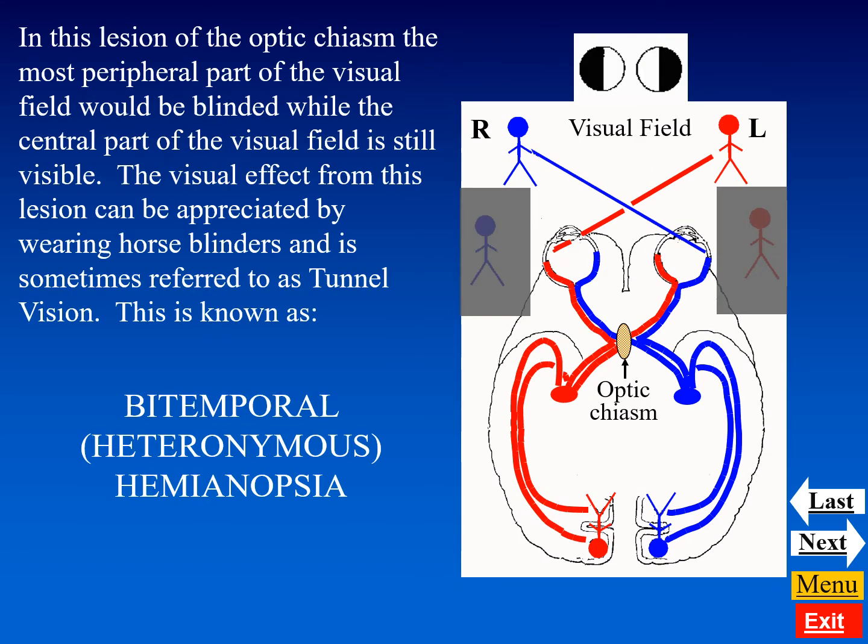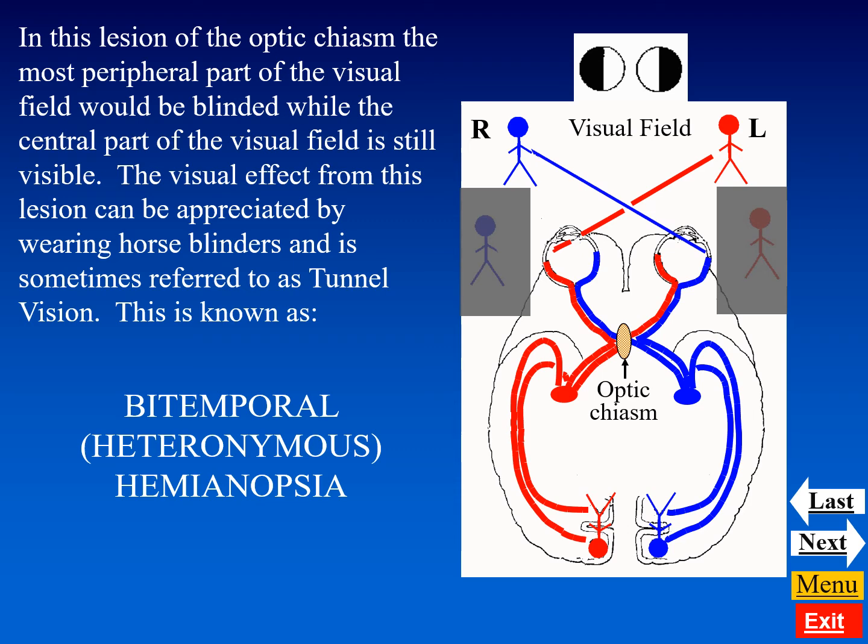The lesion of the optic chiasm involves crossing fibers, or decussating fibers, in the visual pathway, which is receiving information from the nasal portions of both retinae. And those nasal portions of the retinae are getting visual input from the temporal regions of our visual field.